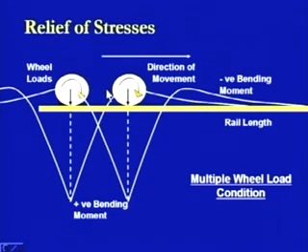Therefore, we have to trade off between the amount of load which is coming from the top and what can be the minimum or the maximum spacing between these wheels, so that we can achieve this advantage of relief of stresses. So, this is quite an important thing which we have to look at in combination with the track modulus.